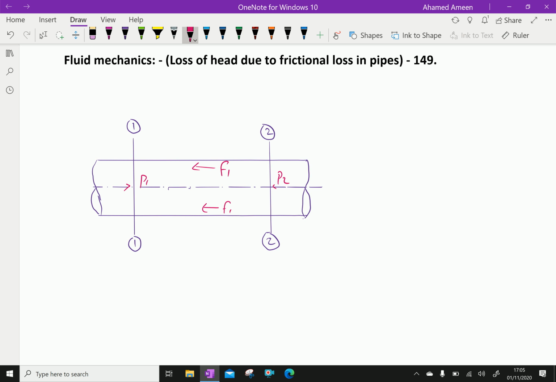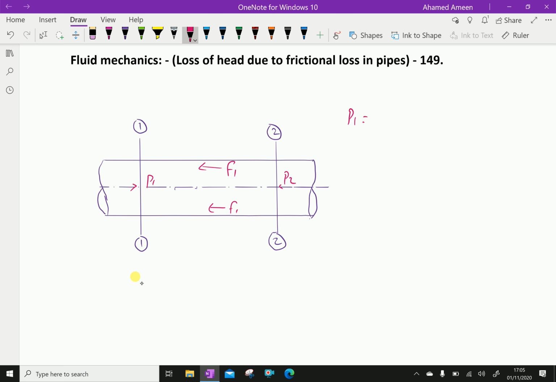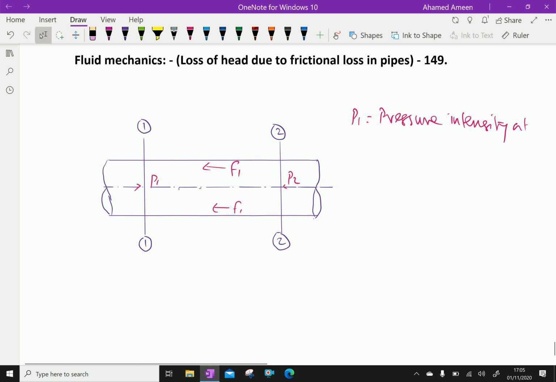Now, we will consider P1 is the pressure intensity at section 1.